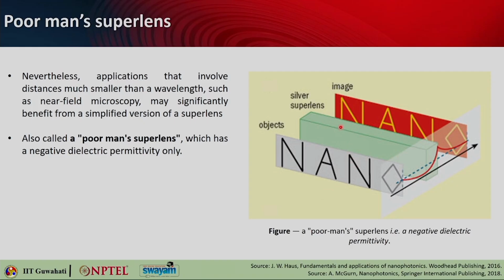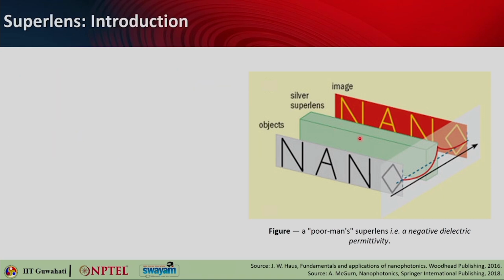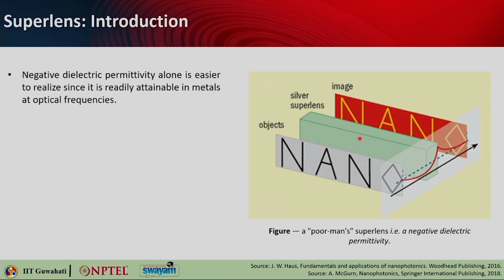That is why it is called a poor man's super lens. The reason is that negative dielectric permittivity alone is much easier to realize, because there are naturally occurring materials like metals, gold and silver, which all have negative permittivity at optical frequencies.